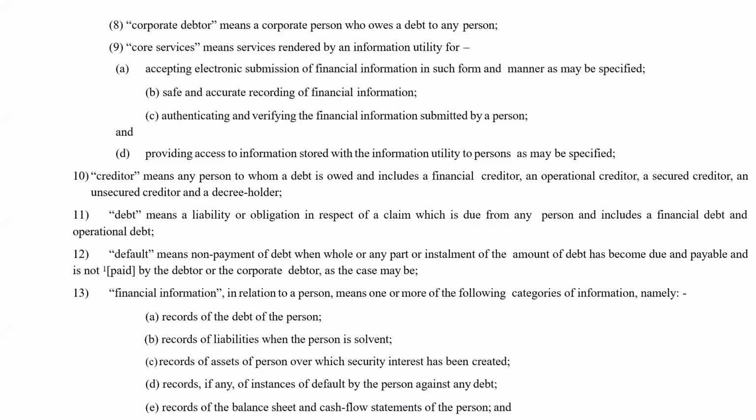And it is responsible for accepting, for safe and accurate recording, for authenticating and verifying the financial information and providing access to information. Creditor means any person to whom a debt is owed and includes a financial creditor, an operational creditor, secured creditor, unsecured creditor, and a decree holder.